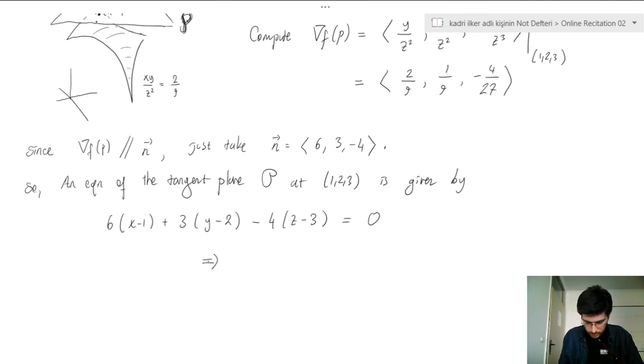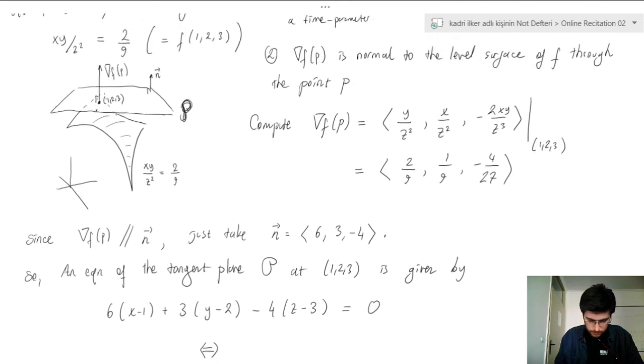Or if you rearrange the terms, certain algebraic manipulations give you something like this. Okay, that's all. So this is the equation of the tangent plane.